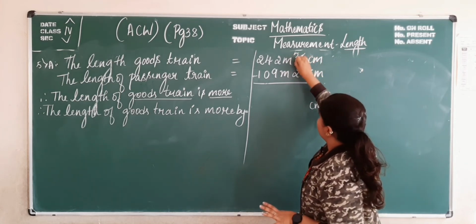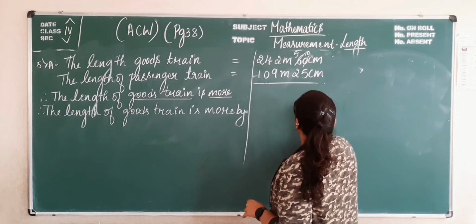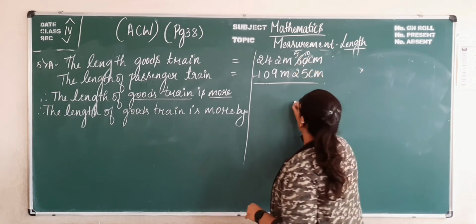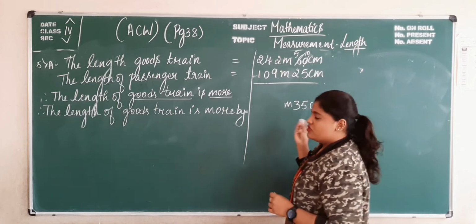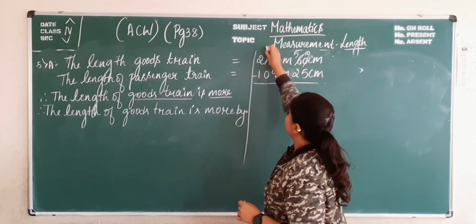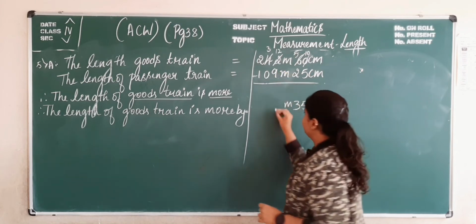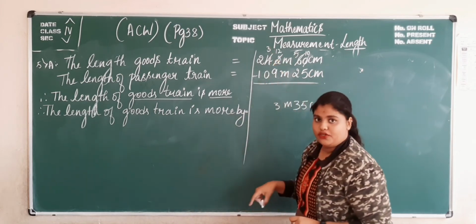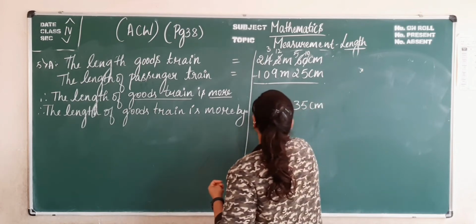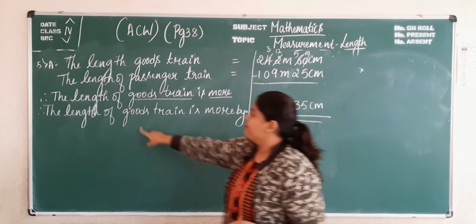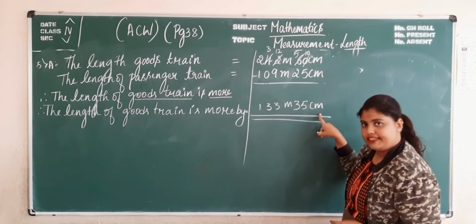So the length of goods train is more by 133 meters 35 centimeter.